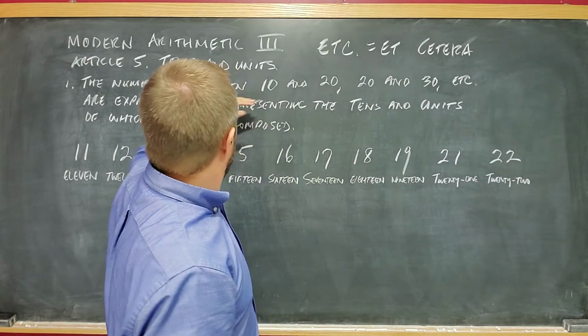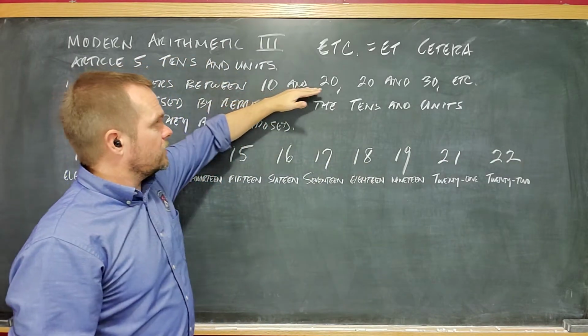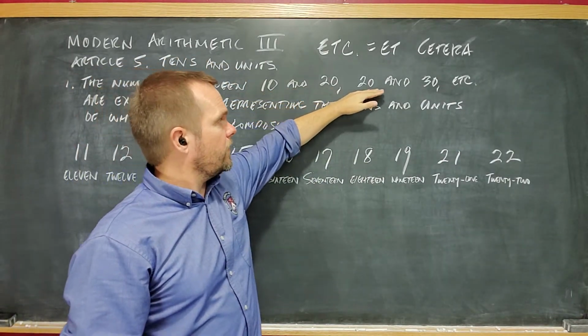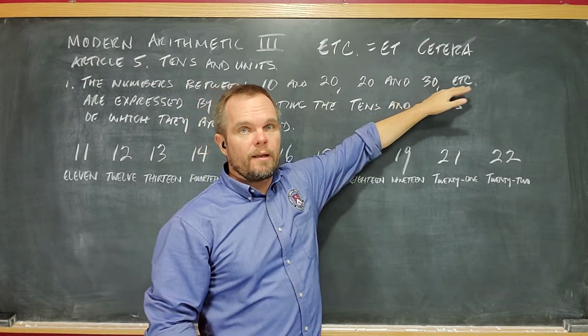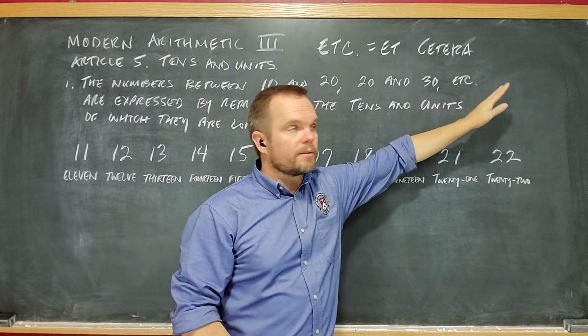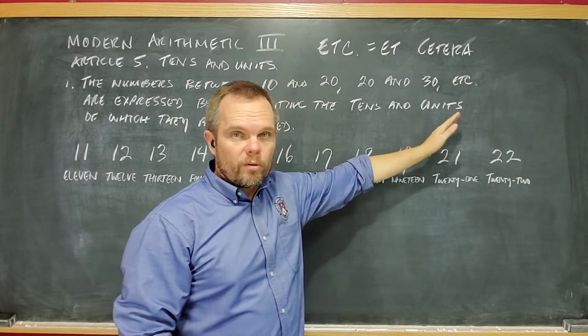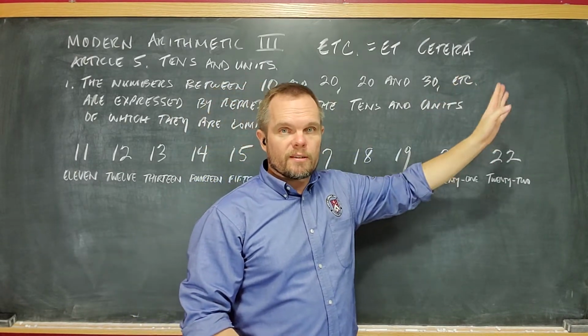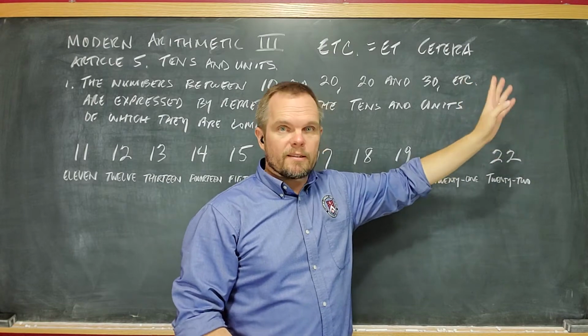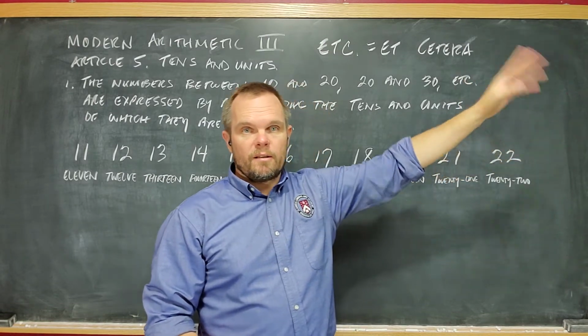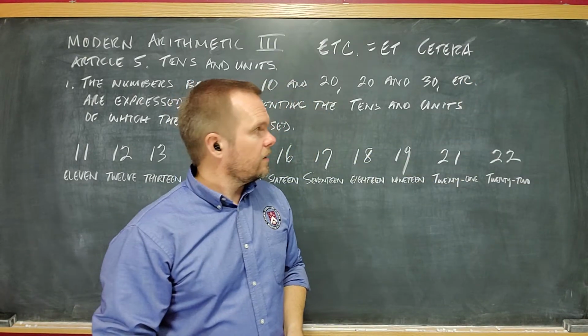So the numbers between 10 and 20, 20 and 30, etc. and the rest. So that would mean between 30 and 40, between 40 and 50, between 50 and 60, between 60 and 70, and so on through 90.